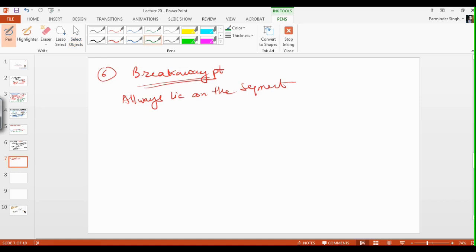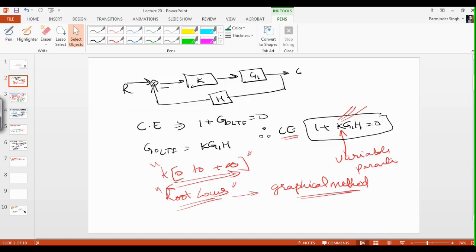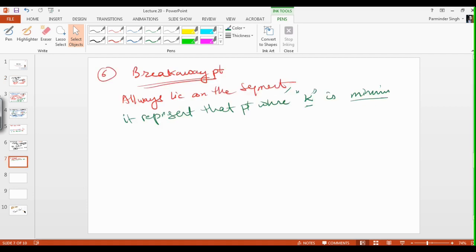Also, it represents that point where k, the parameter, is minimum. If you remember in the very starting, we said k is a variable. So obviously k is variable, so it must have some minimum value and maximum value. So the minimum value of k is always calculated from the breakaway point. So breakaway point is that point where k is minimum, and it always lies on the segment.